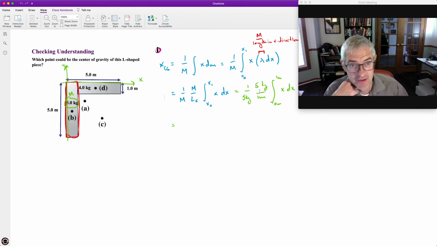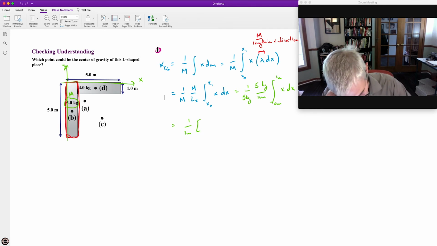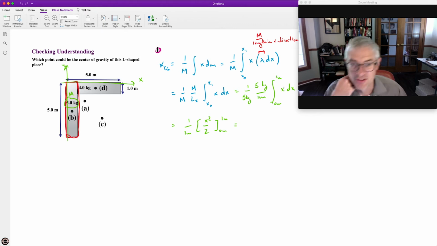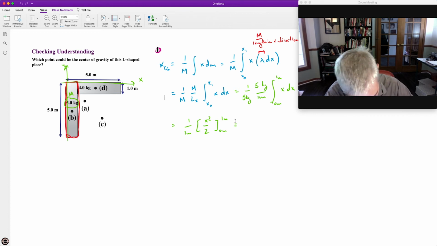I'm left with 1 over a meter times, and then when I integrate x, right, that gives me x squared over 2. And then I have to evaluate it at the two ends, from 0 meters up to 1 meter. So I would go 1 over 1 meter times 1 meter squared over 2 minus 0 meters squared.